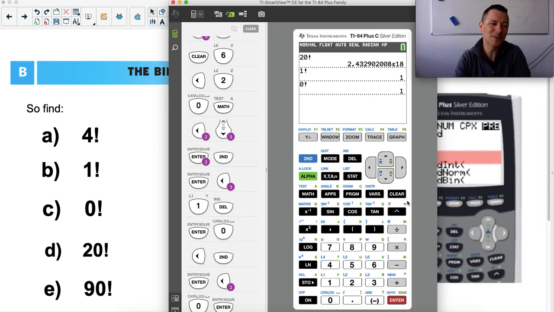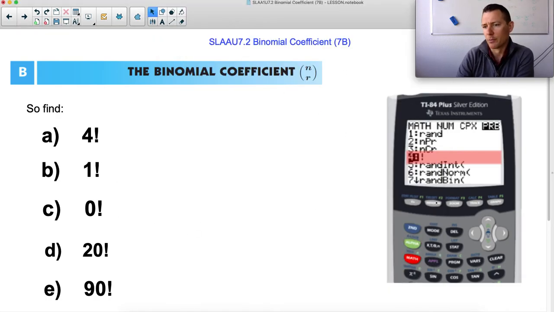And there's an interesting reason. Maybe you want to look into it. It might be a good IA, why that happens. It's another little interesting trick about patterns. That's kind of fun. But then the rest of them are pretty standard. 20 factorial is 20 times 19 times 18 and so on, and it's a really big number, obviously. Cool. Okay, so make sure you can find a few of those on your calculator.